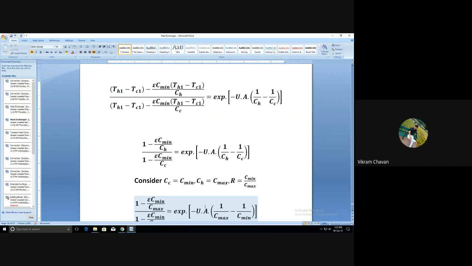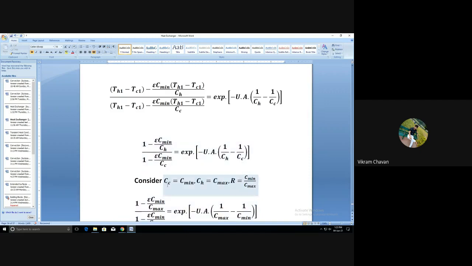And if you consider CH is equal to C minimum and CC is equal to C max, in that case also you will get the same formula. So one of the considerations is sufficient to derive the equation, because the derivation is too lengthy. So one of the cases we will discuss, and we will consider the same thing for the other case also.